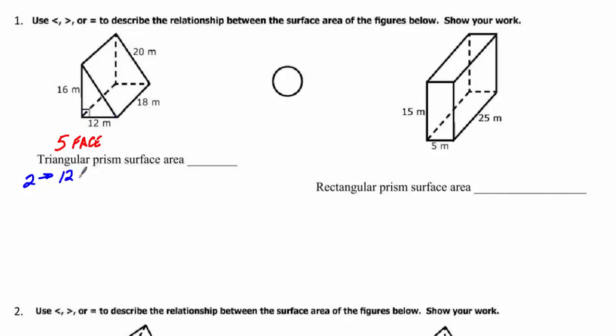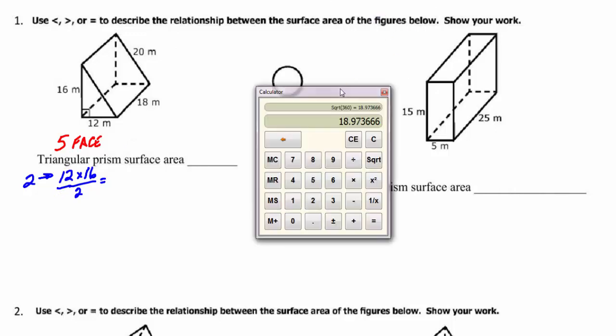So 12 times 16 divided by 2. Let's pull out our calculator. Again, remember, we use real tools for real problems. So 12 times 16 gives me a total of 192, divided by 2. This is each face, by the way.